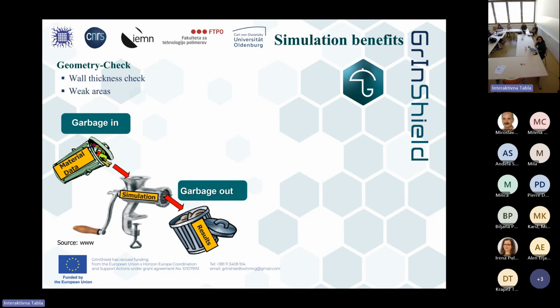So therefore, we make simulations. And if you have used simulation software, I don't want to talk about a specific one. We have first a so-called geometry check, where we show the different thicknesses of the part in colors. And we all know as plastic engineers, if the thickness is very thick and very thin, then the problems are warpage and shrinkage. So this is a first check to find weak areas.